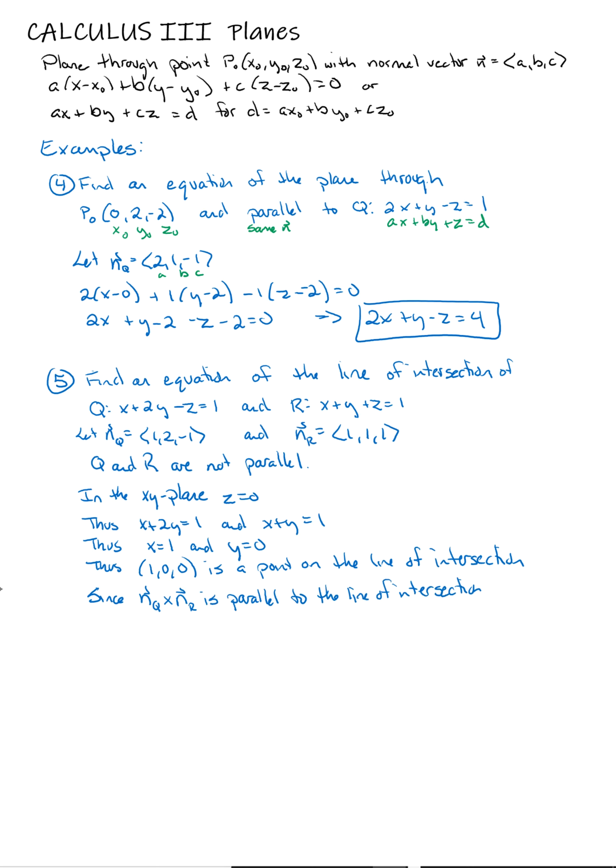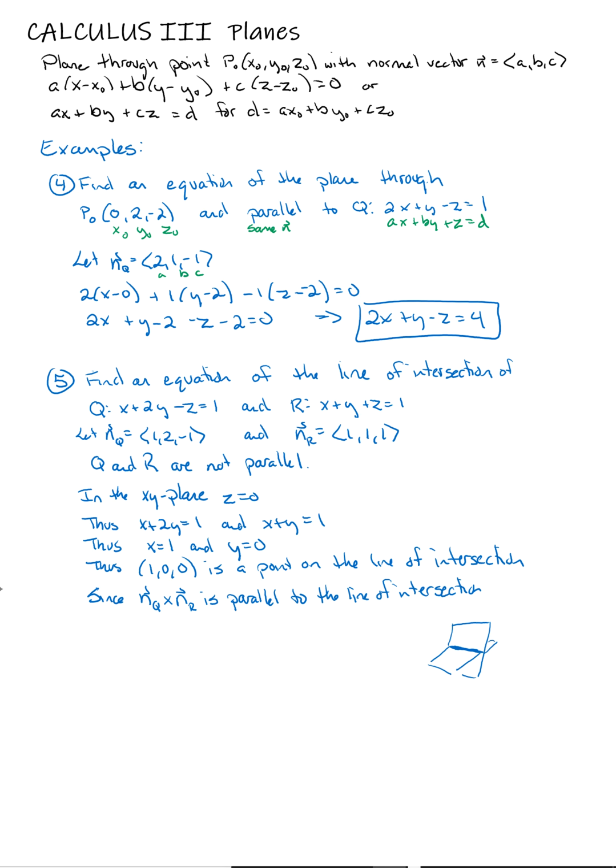Let's think about what we have here. So suppose we have a line of intersection. Let me do it this way. Okay, so there are two planes. Suppose this is our two planes.